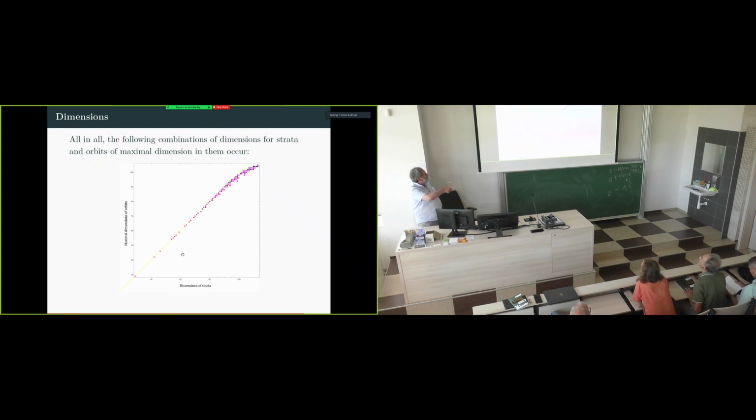When the point is on the diagonal, it means that there is an open orbit in the stratum. If it were a adjoint representation of a theta group more generally, then you would have an open orbit in each stratum. But here, as you see, inevitably you have many strata without open orbits, and for them you have these infinite families.